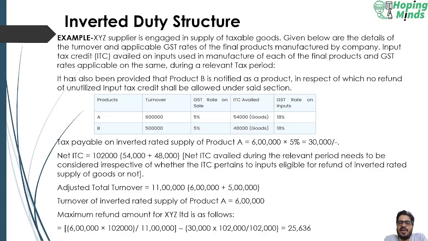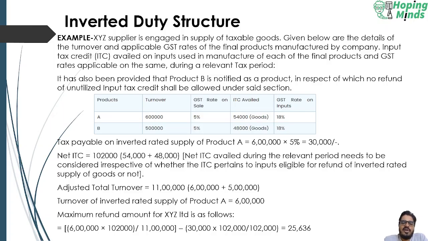So net ITC availed during the relevant period needs to be considered irrespective of whether the input tax credit pertains to eligible inputs or ineligible inputs. Then we have adjusted turnover, rupees 6 lakhs plus rupees 5 lakhs, that is 11 lakhs. So the turnover of inverted rated supply of product A is rupees 6 lakhs.